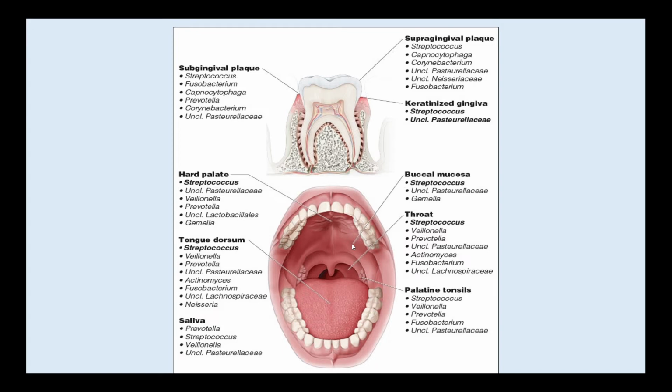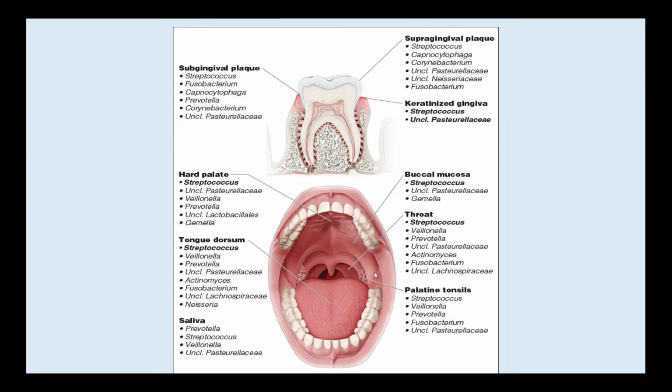On the buccal mucosa, mostly Streptococcus and also Pasteurellaceae. On the tongue dorsum there are Streptococcus, Veillonella, Prevotella, Pasteurellaceae, Actinomycetes, Fusobacterium, Neisseria. In the throat, Streptococcus, Veillonella, Prevotella, also Pasteurellaceae, Actinomycetes, Fusobacterium, Lachnospiraceae.